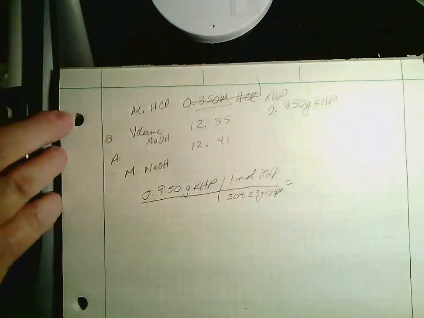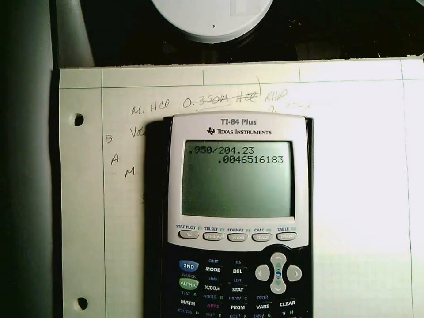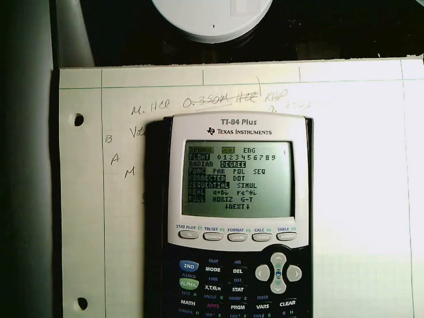So I take my calculator: 0.950 divided by 204.23 equals, and I'm going to put this in scientific notation just because that's a pretty small number.